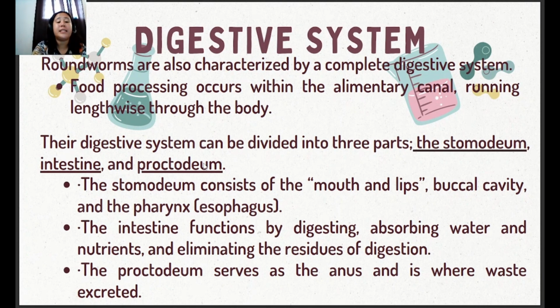The digestive system can be divided into three parts: the stomodeum, the intestine, and lastly, the proctodeum. The stomodeum consists of the mouth and lips, oral cavity, and the pharynx, while the intestine functions by digesting, absorbing water and nutrients, and eliminating the residues of digestion, while the proctodeum serves as the anus, where the waste is excreted.